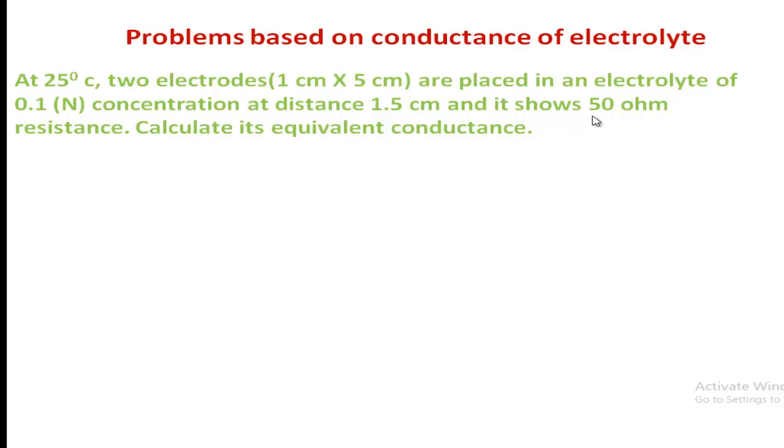Here what is given? The resistance, that is the value of R, is given. Also distance L is given, area A is also given, and the concentration, so the value of C is given, 0.1 normal.